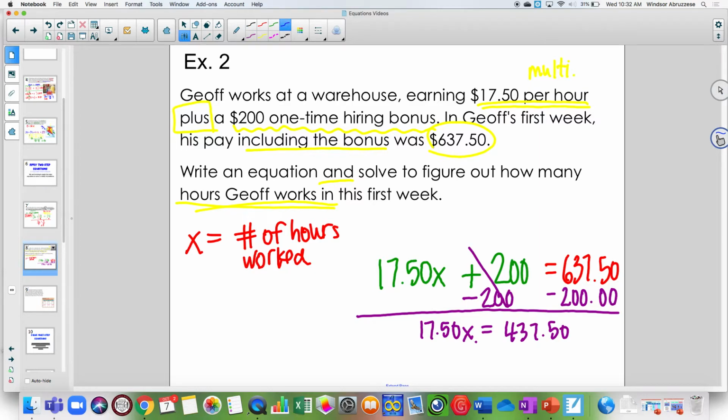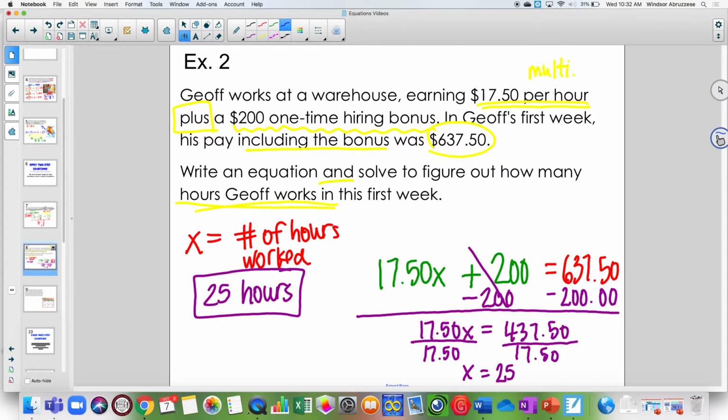Now do the inverse operation and divide by $17.50. Divide both sides by $17.50, and you will get an answer of X equals 25. That means that Jeff worked 25 hours. Make sure you include words in your solution.